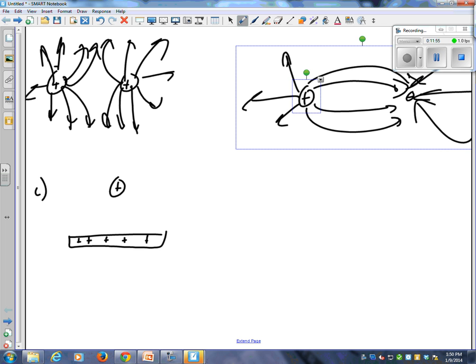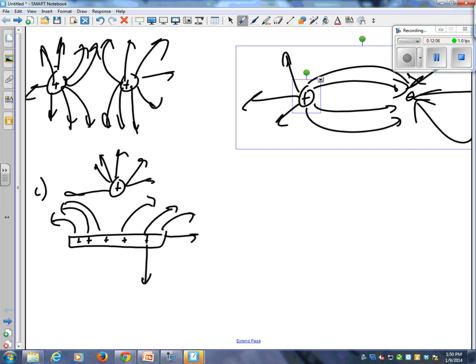So it's going to be away, away, away, away, away, and then what's going to be here? Curved away. Yeah, away, away, away, over here, away, right? Not really that hard at all.